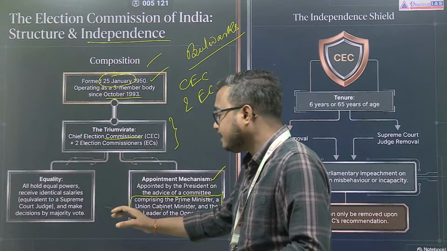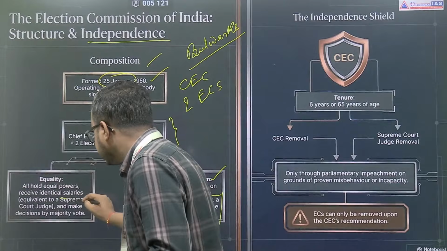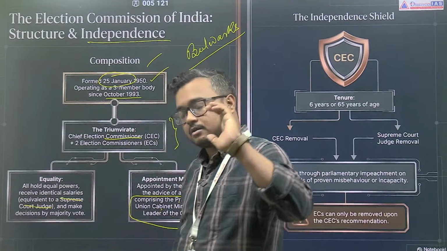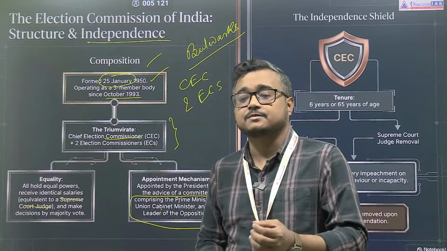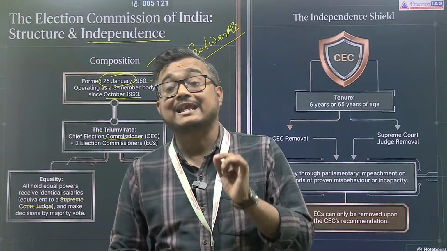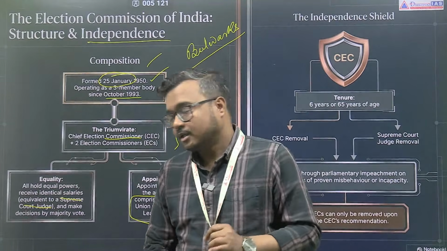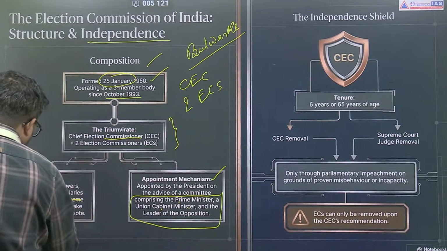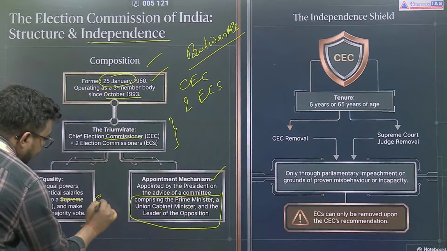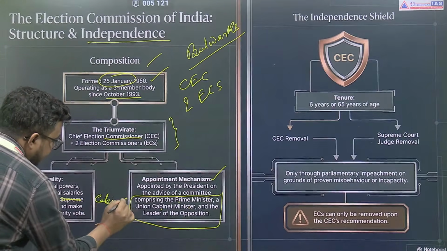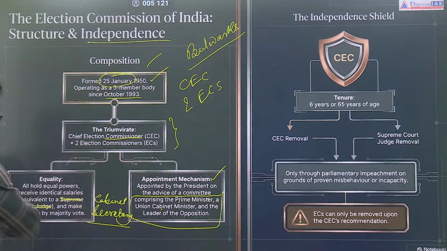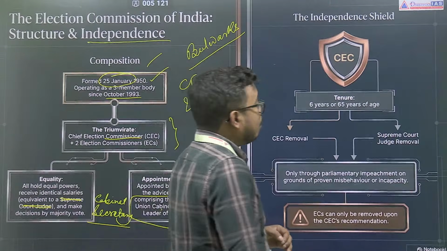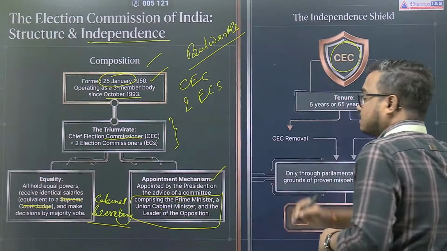And what about their salary? Their salary has recently been changed. Previously, it was equivalent to a Supreme Court judge, but recently it has been changed to equivalent to Cabinet Secretary, right? Achha. Now, what about the Chief Election Commissioner?